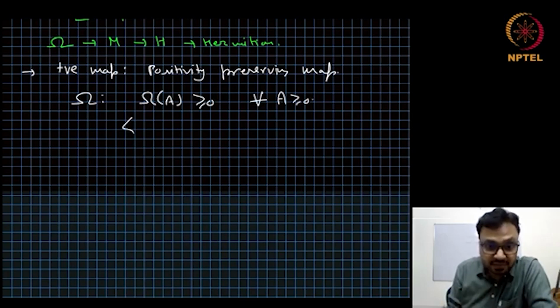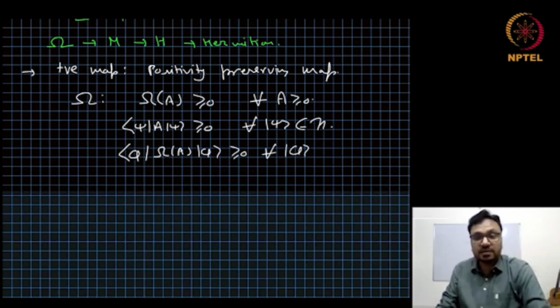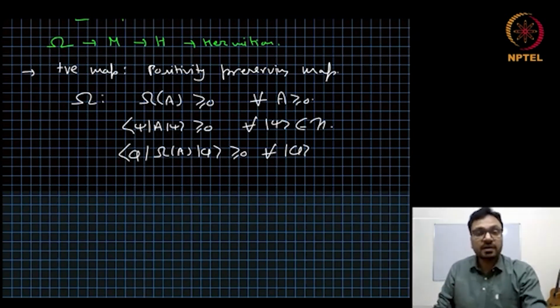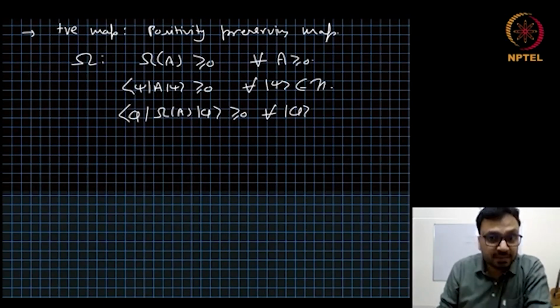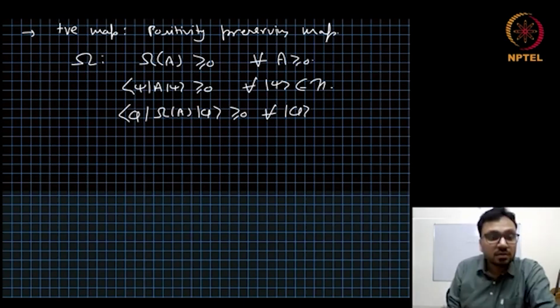The definition of positivity is psi A psi is positive for all states psi in the Hilbert space H. Then phi omega A phi should also be positive for all phi in the corresponding Hilbert space. Okay, so if a map satisfies this condition, then it's called positivity preserving map or positive map for short.